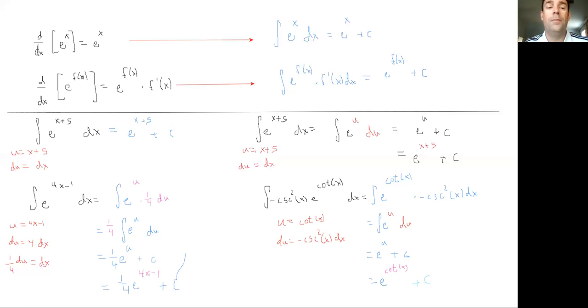All righty, friends. So we're just going to play with a few of these here, see if we can do a little bit more, and then we will work our way into definite integrals. So let's see how you handle these ones. e to the square root of x all over root x dx.